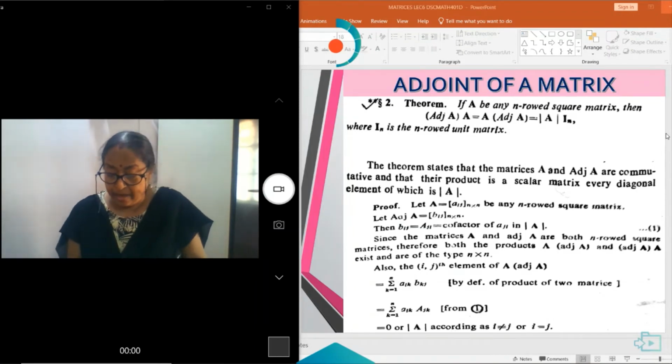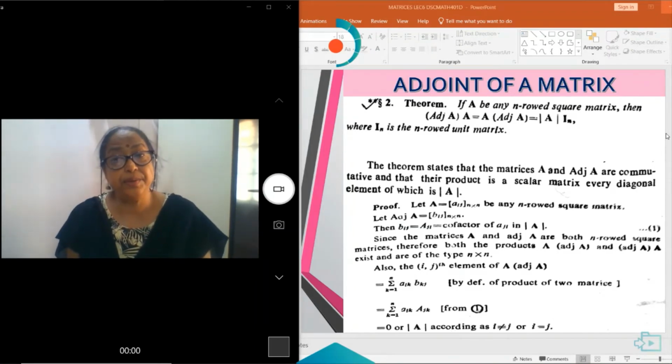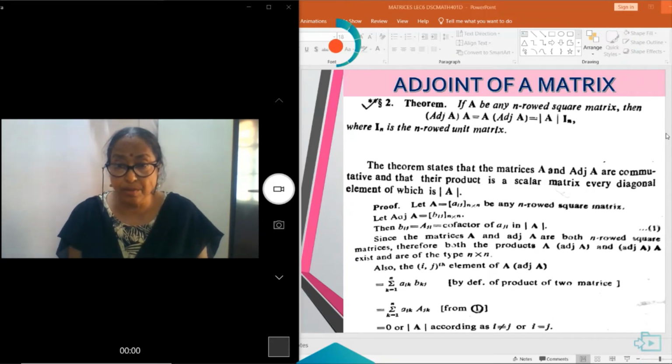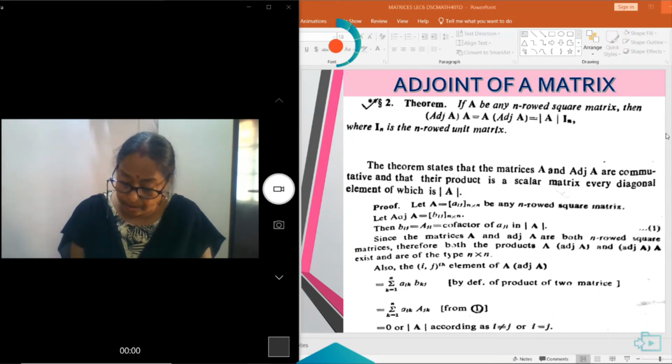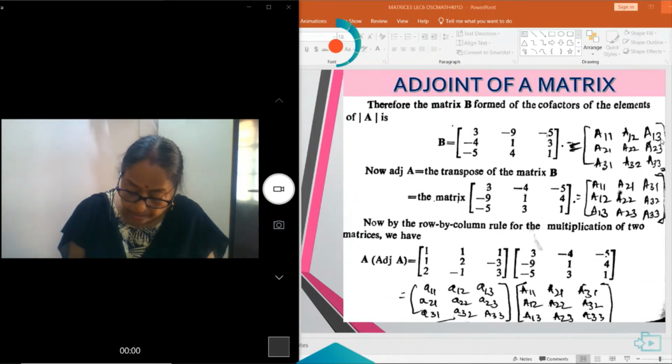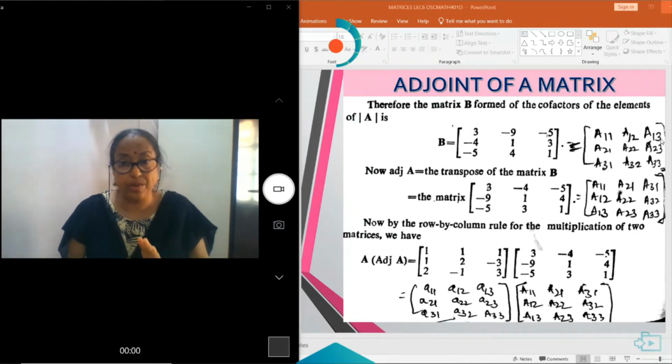See here, when we multiply A into adjoint A, A is written as small a11, a12, a13, and a21, a22, a23, and the adjoint A can be written as A11, A21, A31, A12, A22, A32, and so on.